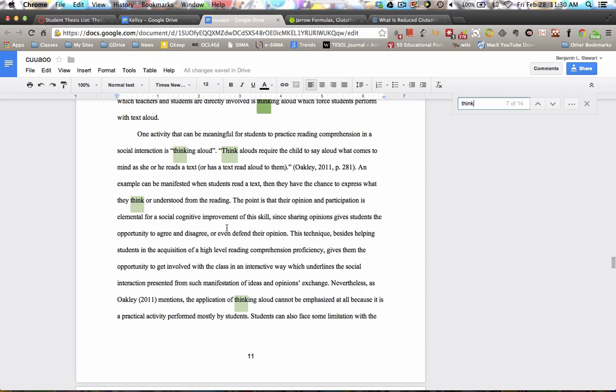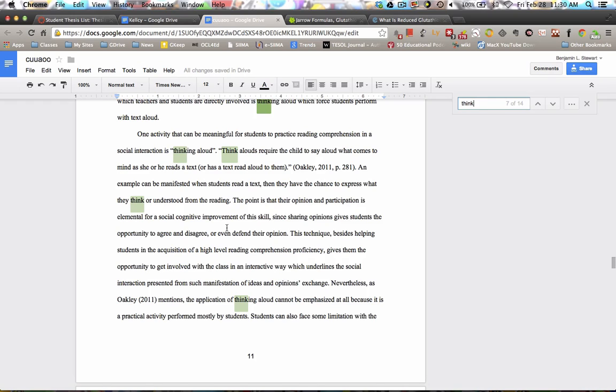But maybe instead of talking about think alouds here, you bring in think alouds when you talk about cognitive strategies as an example. But just be careful when you start bringing in information. Ask yourself, what is the relevance to my own research, to my research questions?